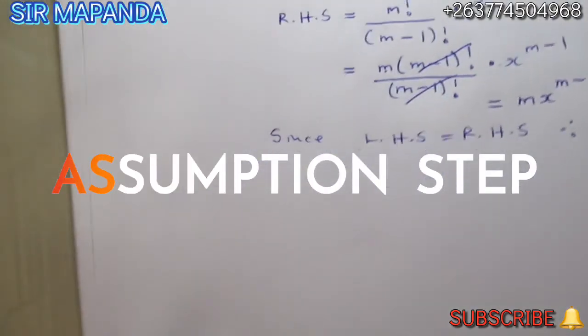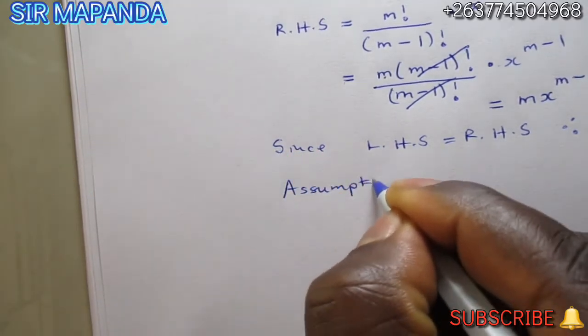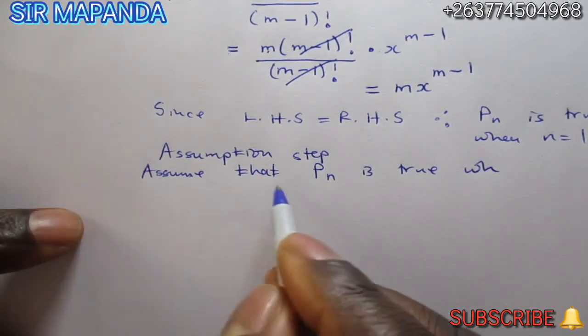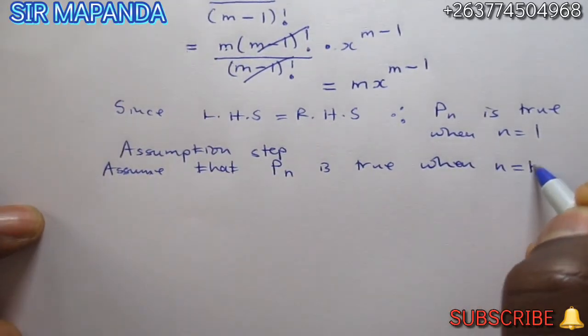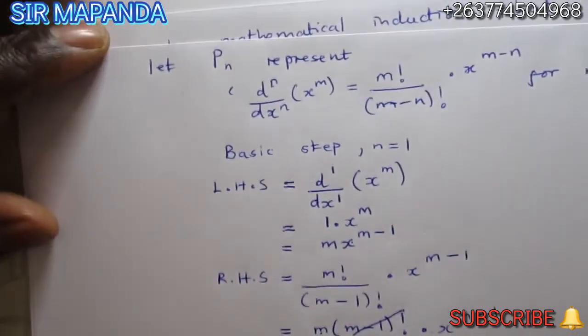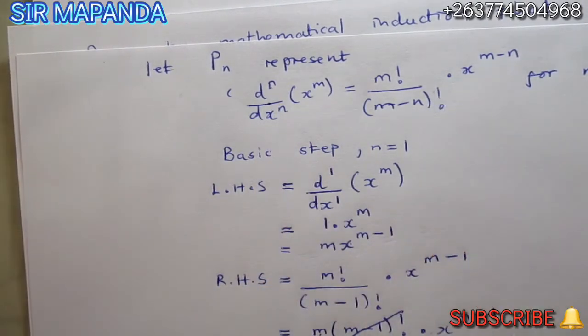From the basic step, we move on to the assumption stage. On the assumption step, you don't prove anything, but you just assume that the statement Pn is true when n is equal to k. So I'm going to put k on the left side and k on the right side on each and every n.